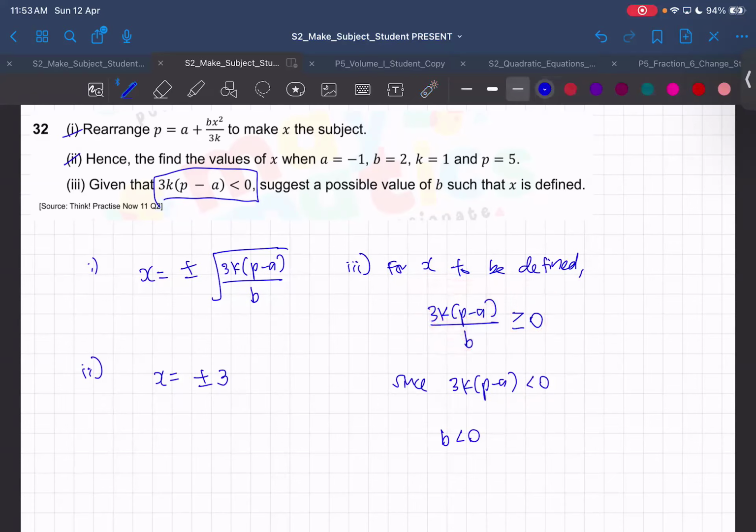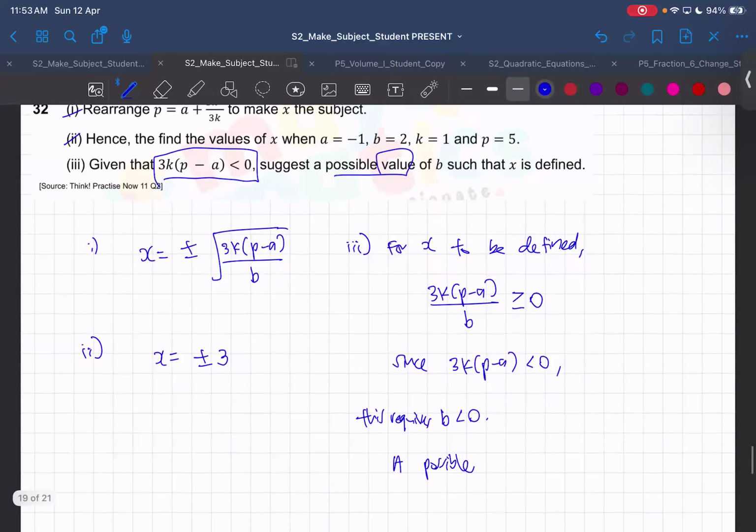So since 3k(p minus a) is less than 0, this requires b to be less than 0. So for a possible value, give me any negative number. Because the question asks for a possible value of b, you cannot just write an inequality like that. You need to give me an actual value. So a possible value of b is negative 2.